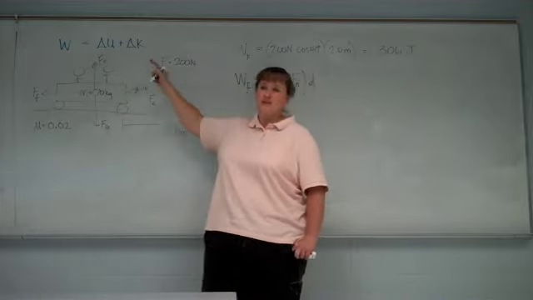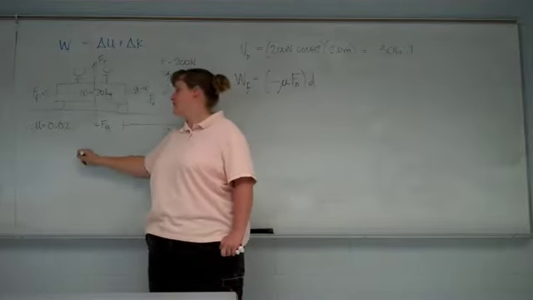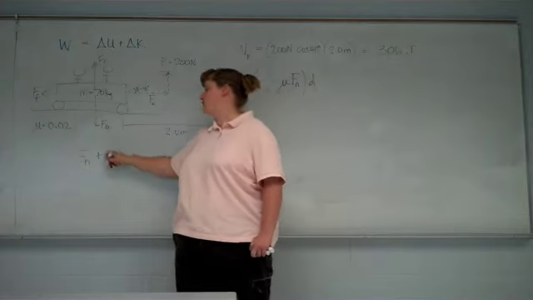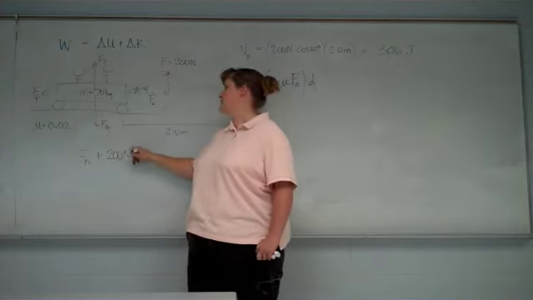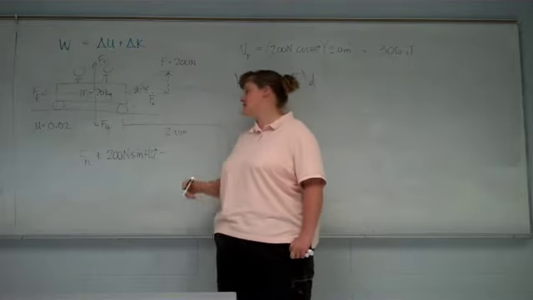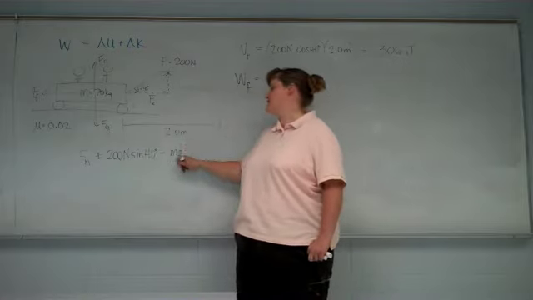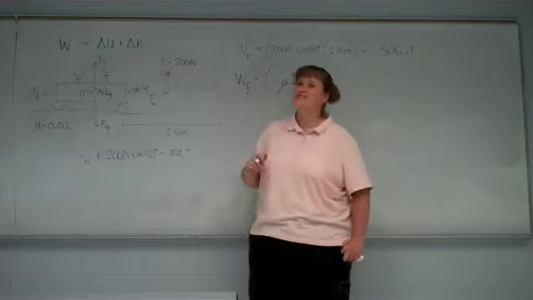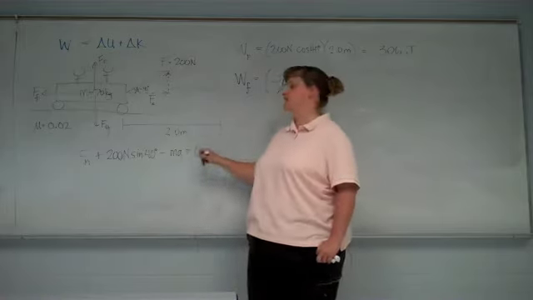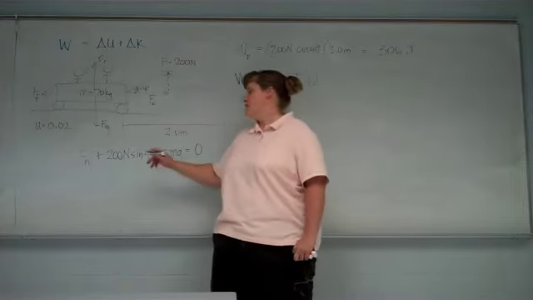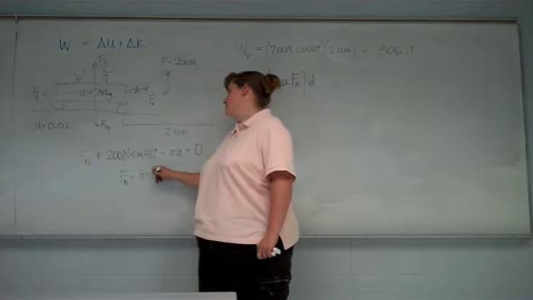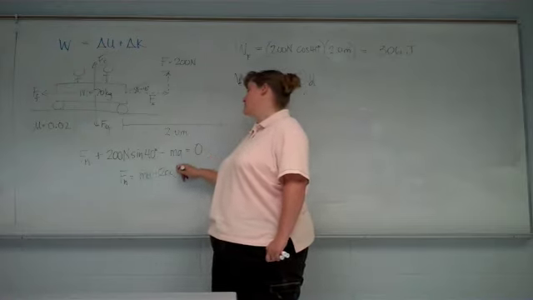Sum up the forces in the y direction. You have the normal force upwards. You also have this component upwards, so 200 newtons sine of 40. You have mg downwards, so minus mg, because our wagon is not accelerating perpendicularly to the ground, that all has to equal 0. So our normal force is equal to mg minus the 200 newtons sine of 40.